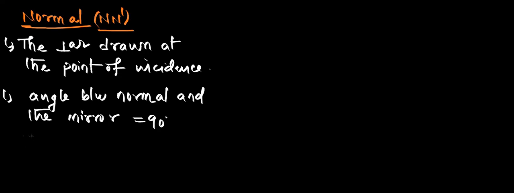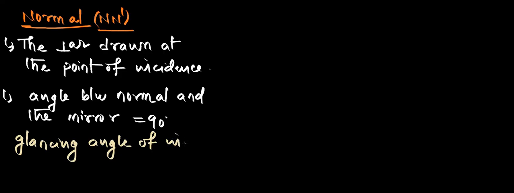Now the next definition is glancing angle of incidence: the angle made by the incident ray with the reflecting surface. Or you can say angle between the incident ray and the reflecting surface.